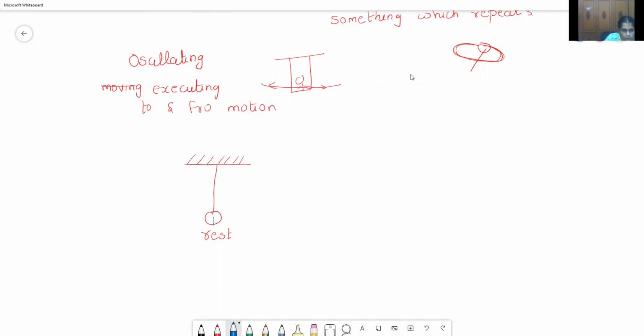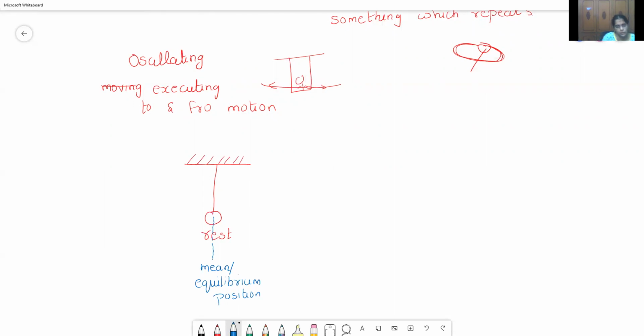This position of the pendulum is called the mean position or equilibrium position. It is the position of the pendulum when it is at rest.